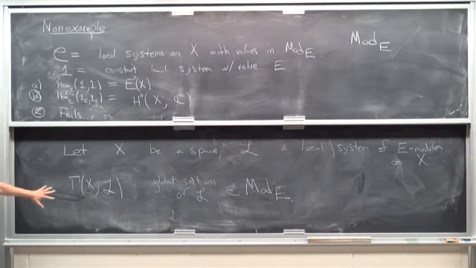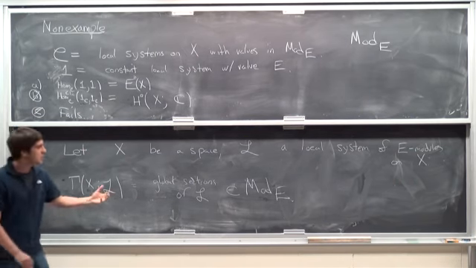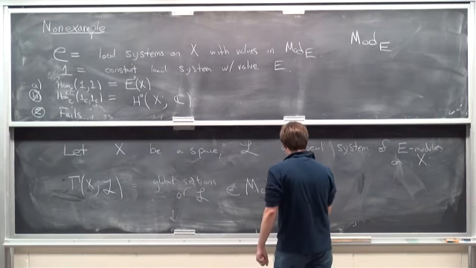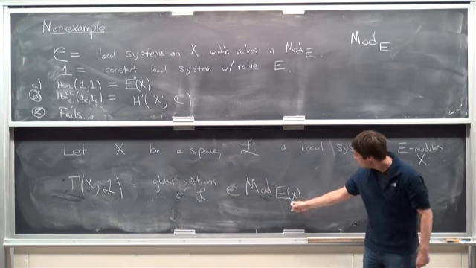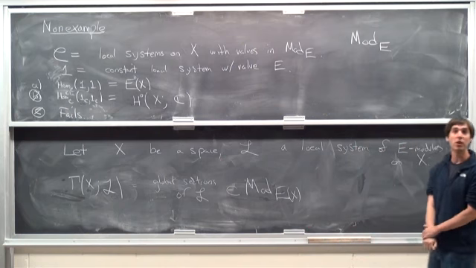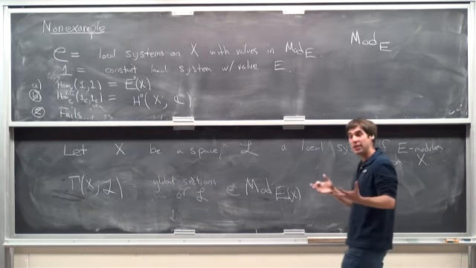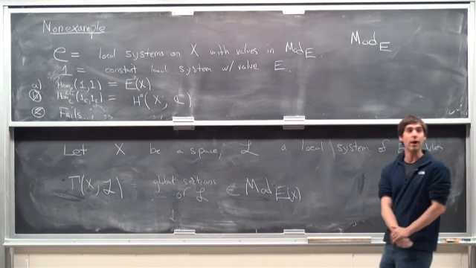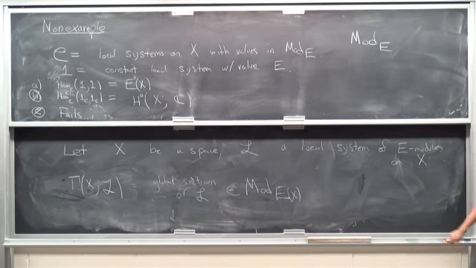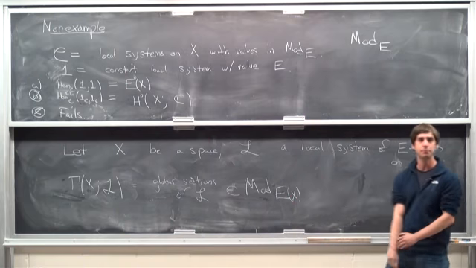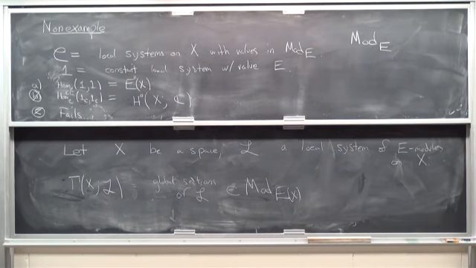This is not just a module over E. This is a module over E of X. I'm going to be sloppy in my notation. This was my notation for the E cohomology of X, but the E cohomology of X is actually π0 of a certain spectrum, which I'm also going to write as E of X. Or this is something that you might call E to the X. It's the spectrum of maps from X into E.